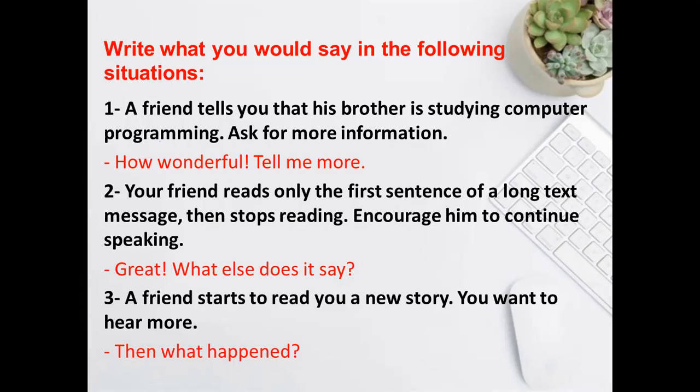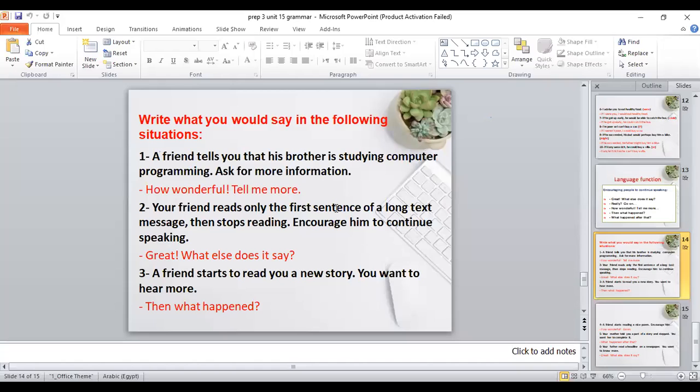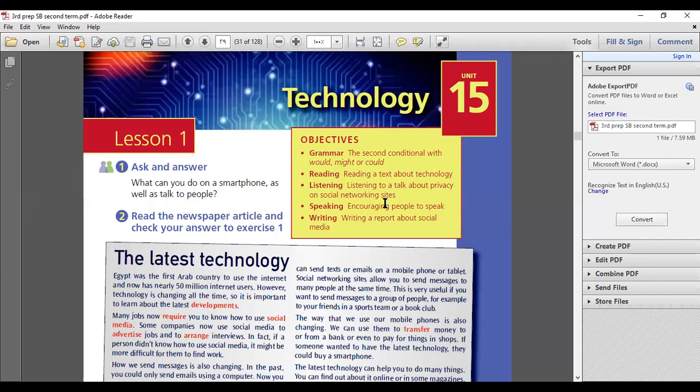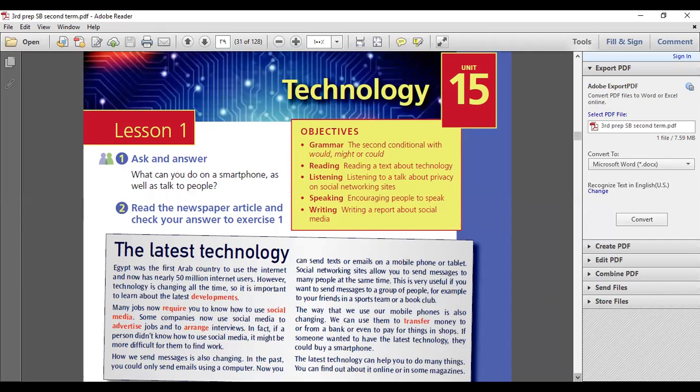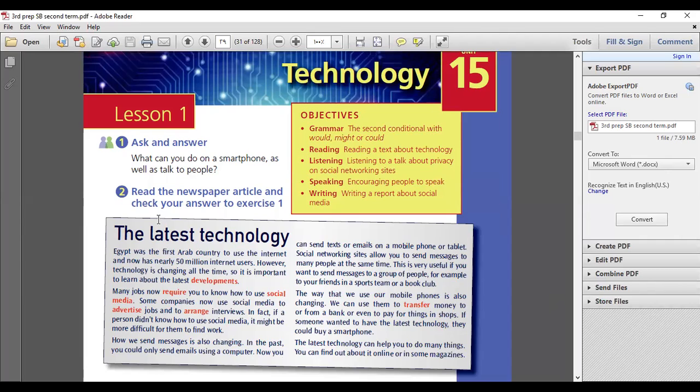Okay. Now I want you to open your student book. Okay, Yusuf.